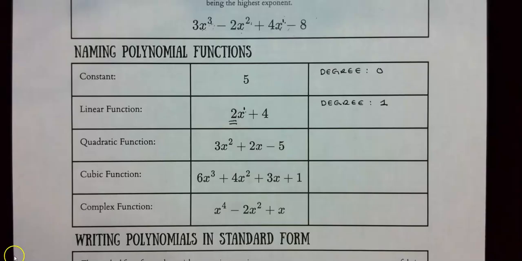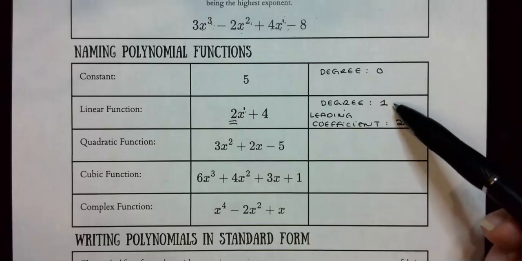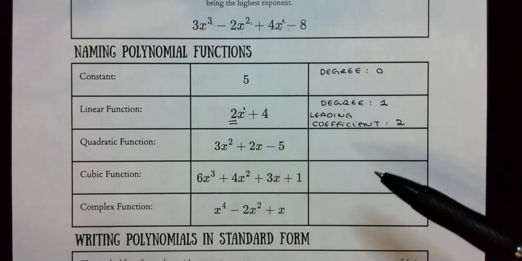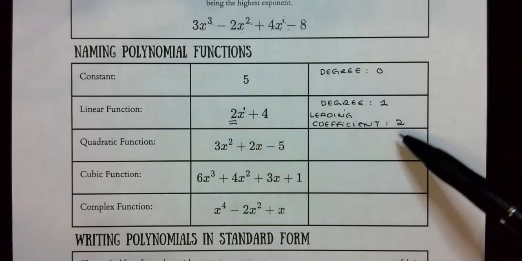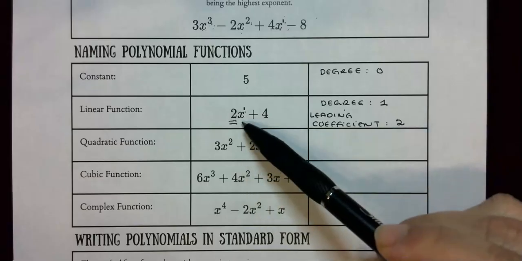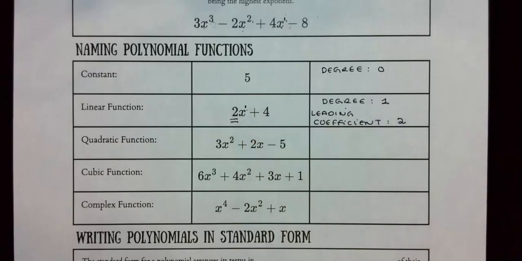I'm going to write it out once, but because leading coefficient can get tiring to write over and over, we'll abbreviate it in the next one. So the degree is the highest exponent, which is a 1, and our leading coefficient is the number attached to the variable with the highest exponent, which in this case is the 2.